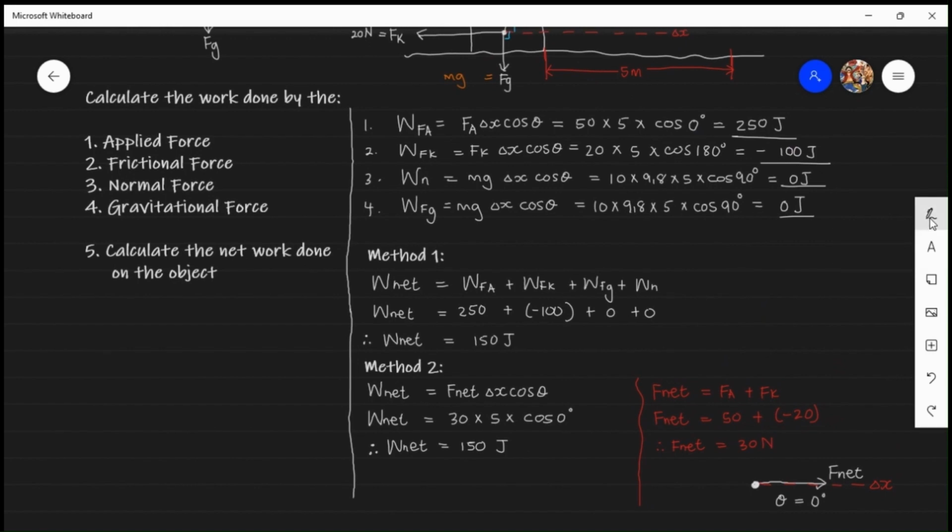Something important to take note of is that we do not take into consideration the directions of the forces when calculating for method 1. All we do is add up the individual works that were calculated in the previous questions 1 to 4.